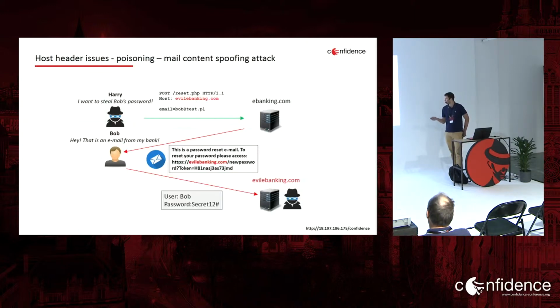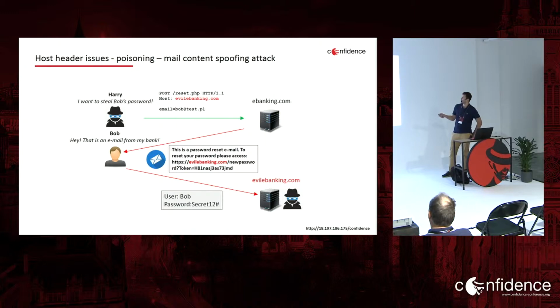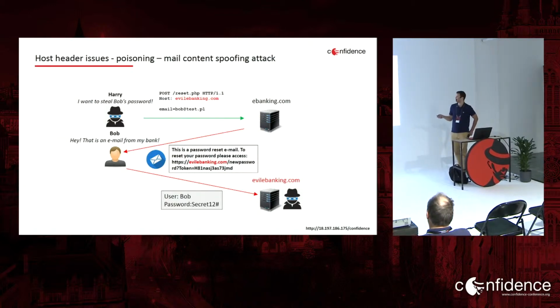The thing is that if the application is vulnerable to this host header poisoning, a hacker, or a bad guy, basically can use the host header with some, let's say, malicious website, send this request to the web server, and if the application is vulnerable, the server will respond with an email with this malicious domain within its body.